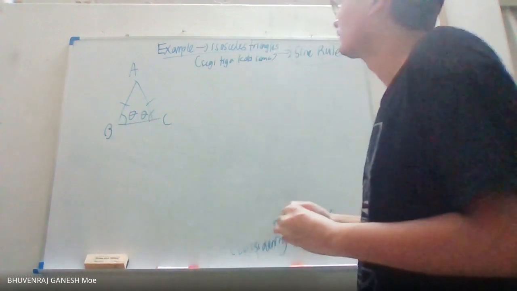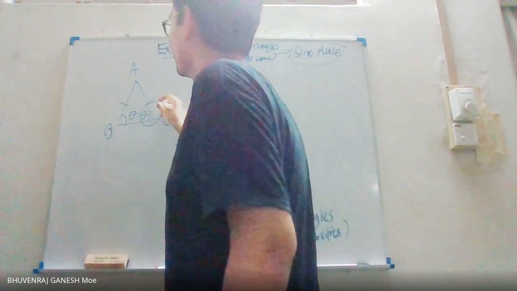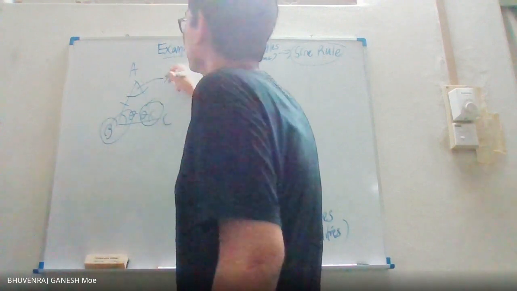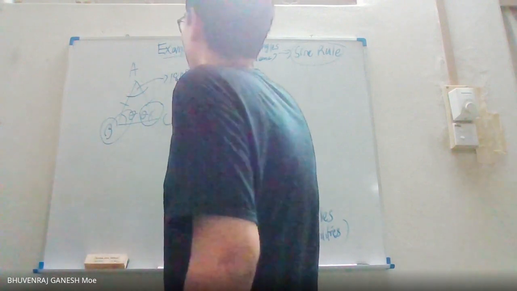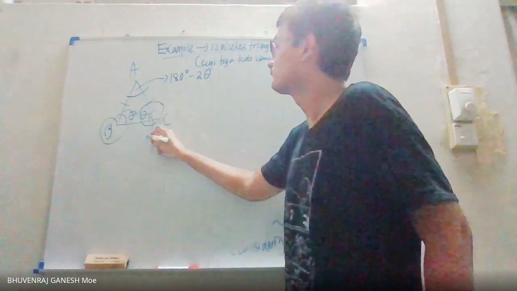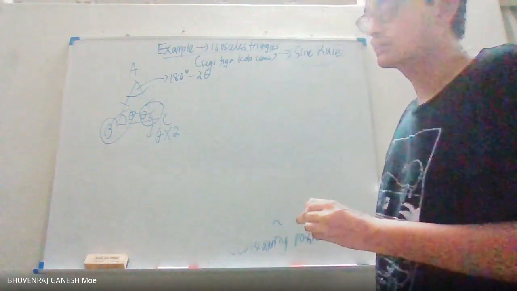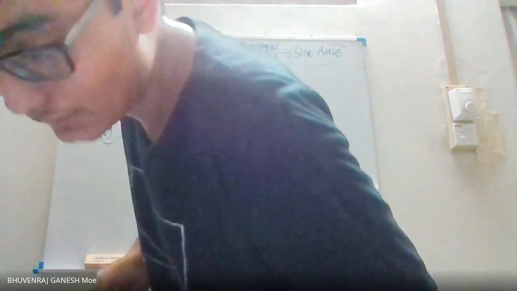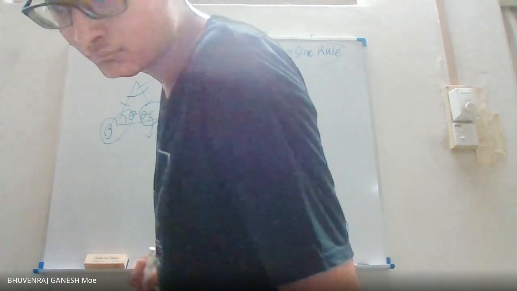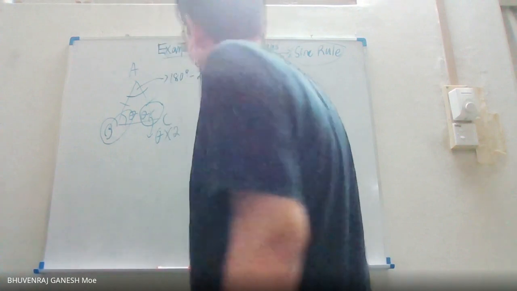Then you can find the angles easily, because if you have this angle, you can already find this angle. Then to find this angle, you take 180 minus 2 times theta, this angle times 2. So this is how you find your angle L. In this case, they have this kind of triangle, something like this.